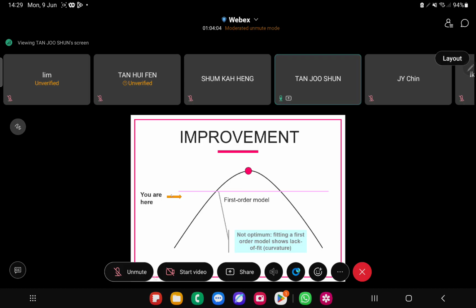Now you will try to improve so that the range is near the optimum point. The optimum point is the pink color dot. So the pink color line is the one you do the improvement on to find this range. Using the method of steepest ascent, you are able to find this range that is near the optimum point.